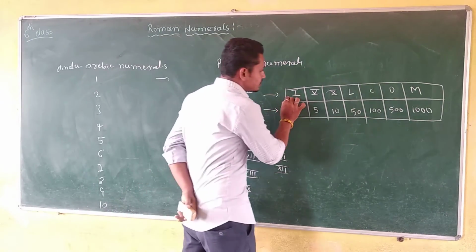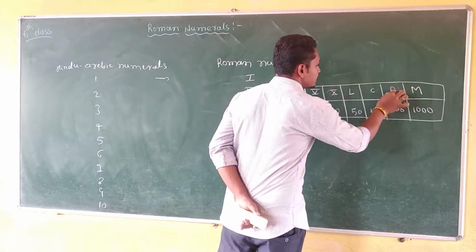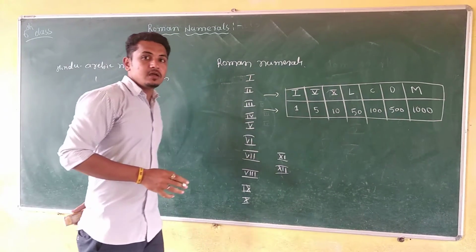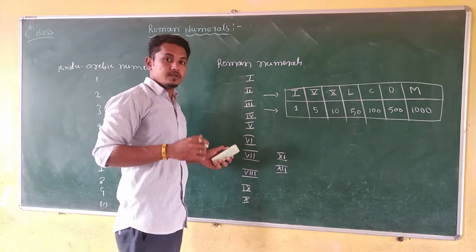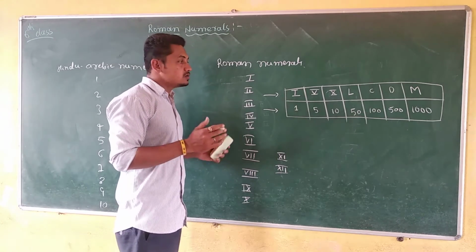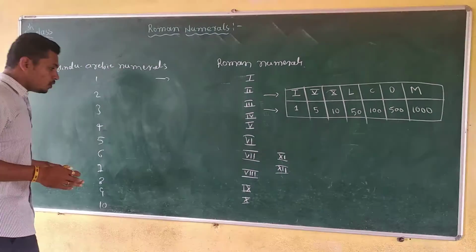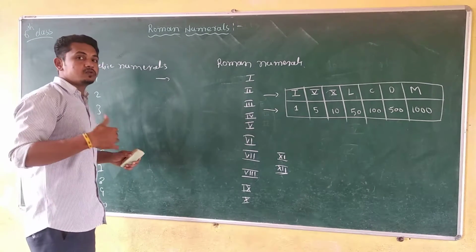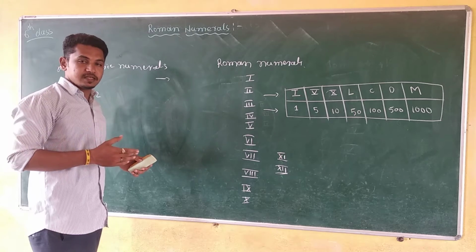By using these seven initials, we have to write any number, larger or smaller. We know numbers up to 12. So how do we write the 3-digit, 4-digit and 5-digit numbers?